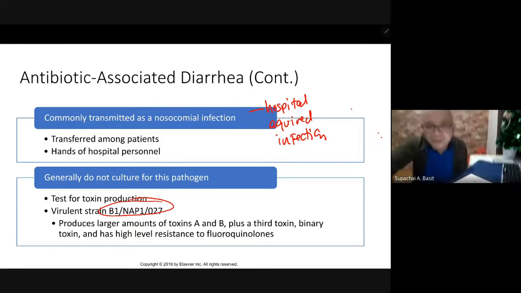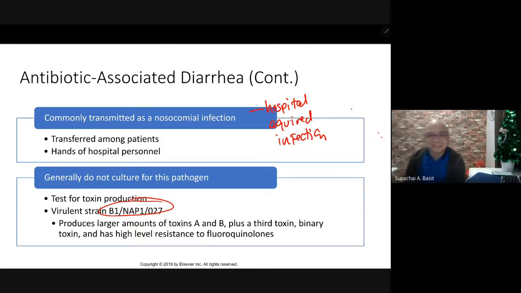The reason why we call them the virulent strain is because they can produce a larger amount of toxins A and B plus a third toxin, the binary toxin, and they have a high level of resistance to fluoroquinolones. And as I told you, we do not usually treat this bacteria with another antibiotic, but with FMT.